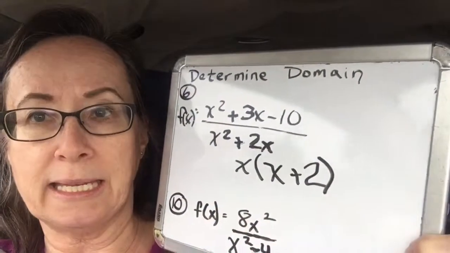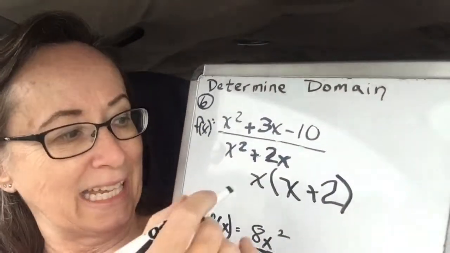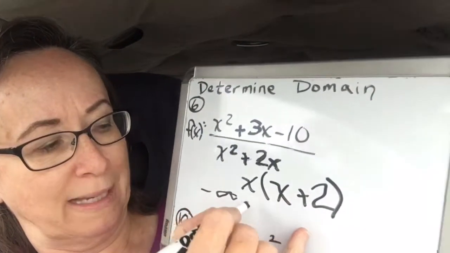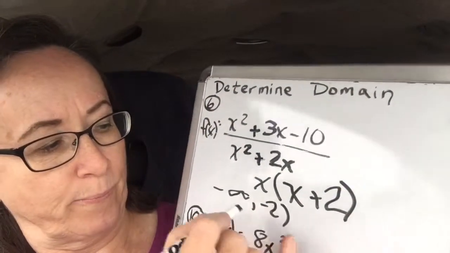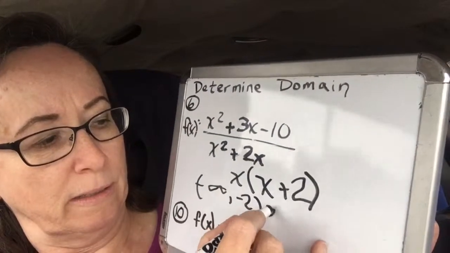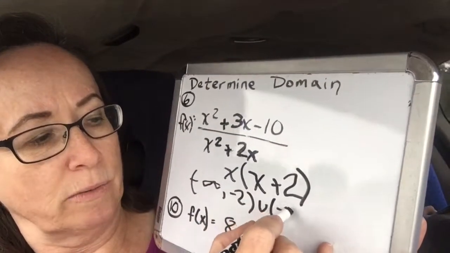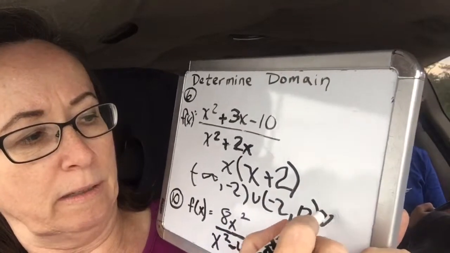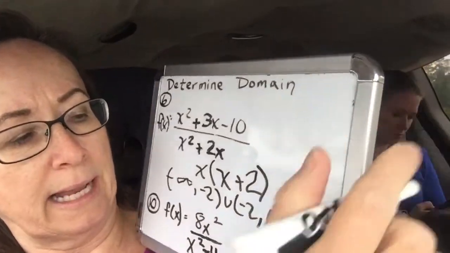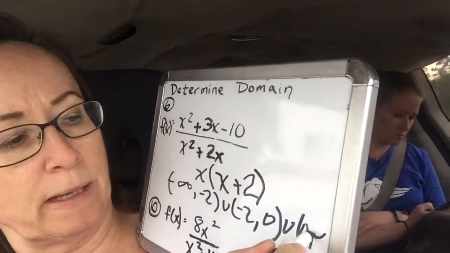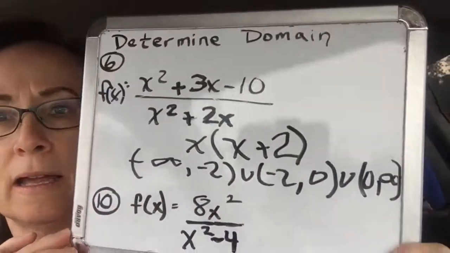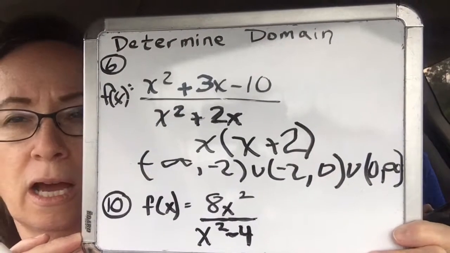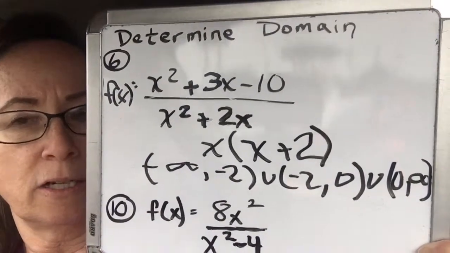So our domain is going to go from negative infinity to negative 2, union negative 2 to 0, union, and then lastly 0 to infinity. Okay, so that is the interval notation of that domain.